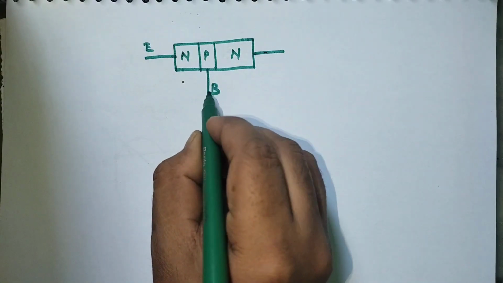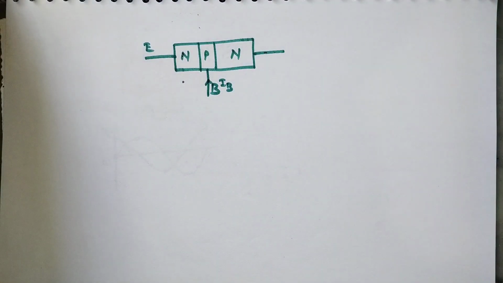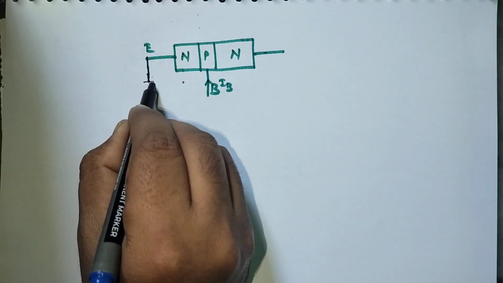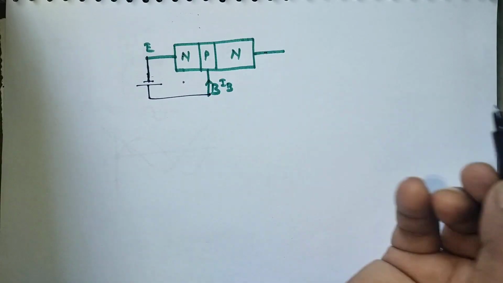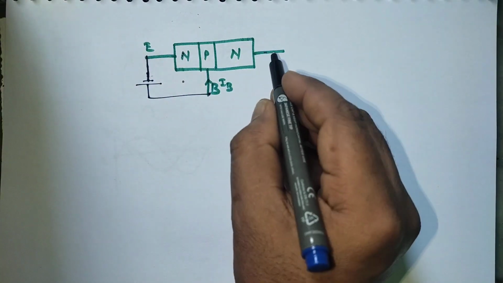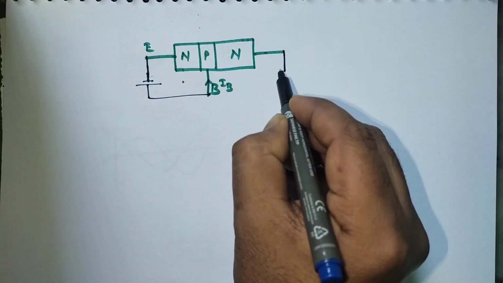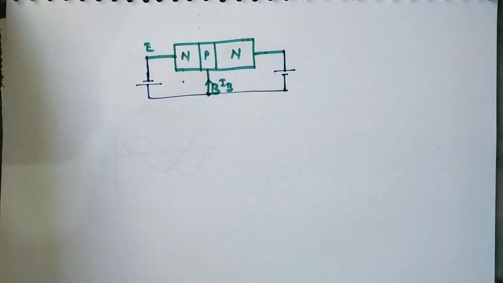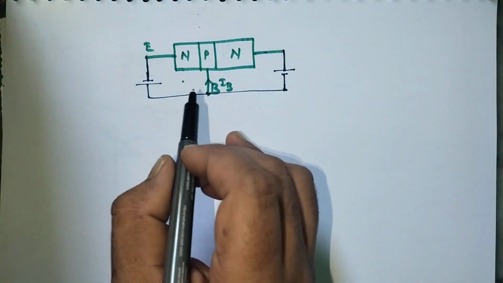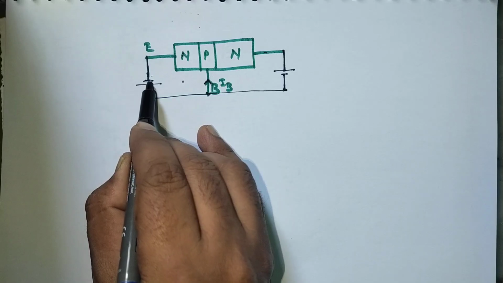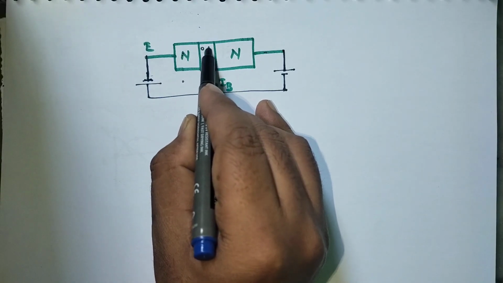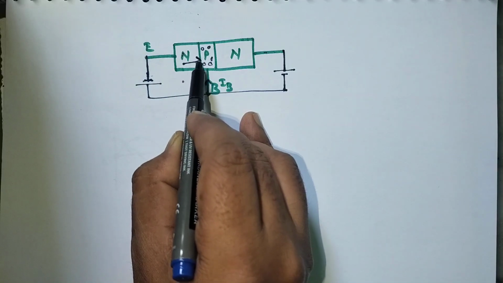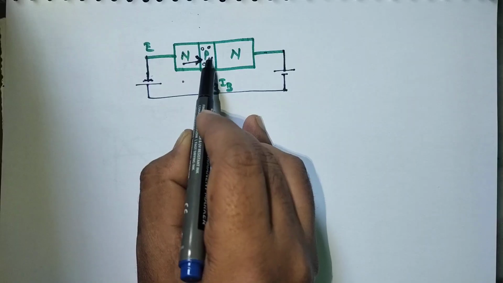Suppose we give a small amount of current to the base; the emitter-base junction should be forward biased, and the collector-base junction reverse biased. When a small current flows, the electrons coming from the emitter combine with holes in the base, but there are few holes in the base.